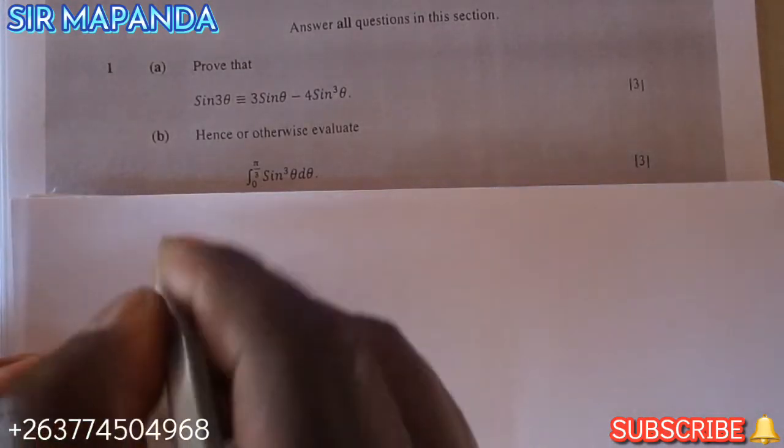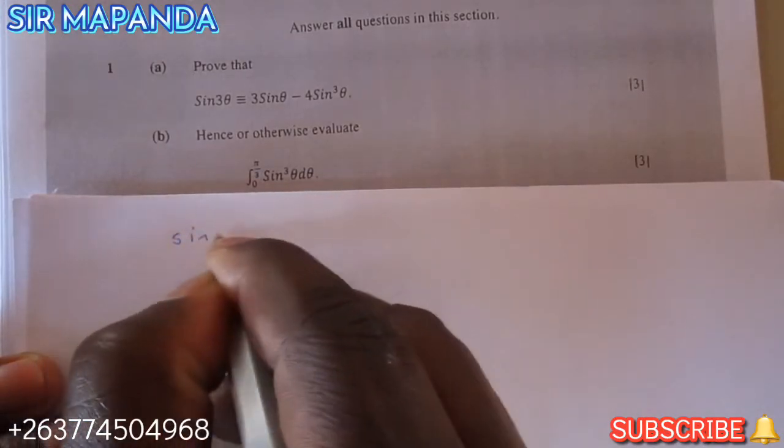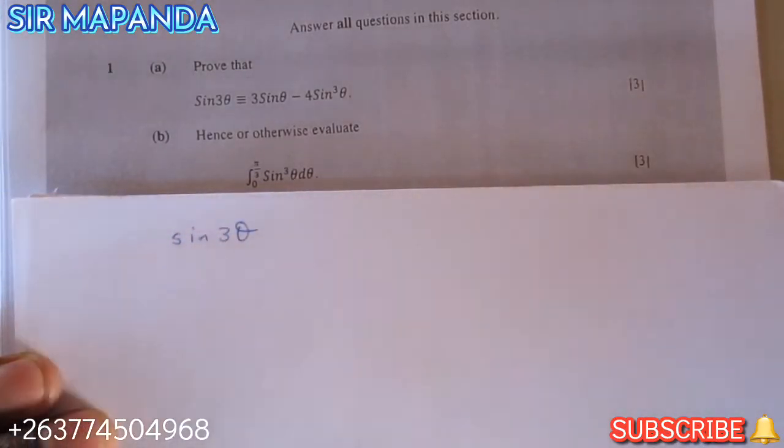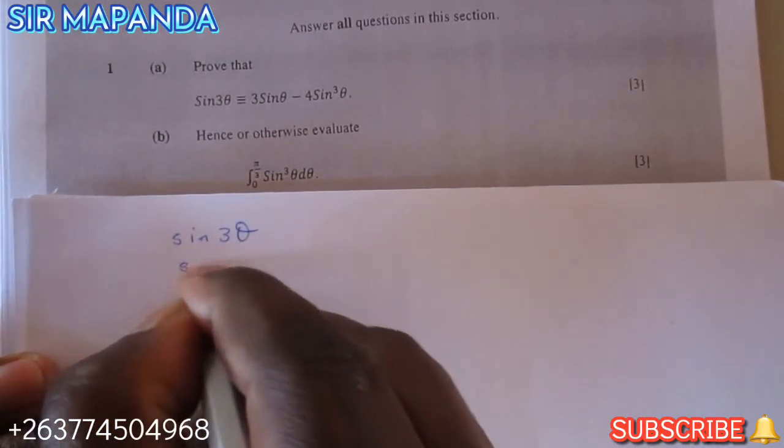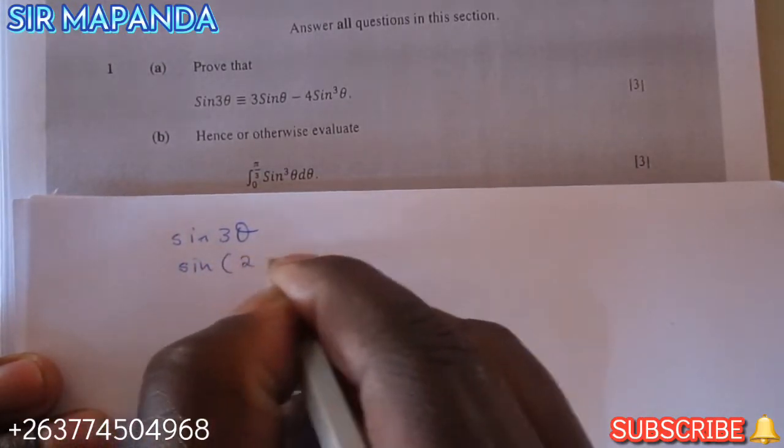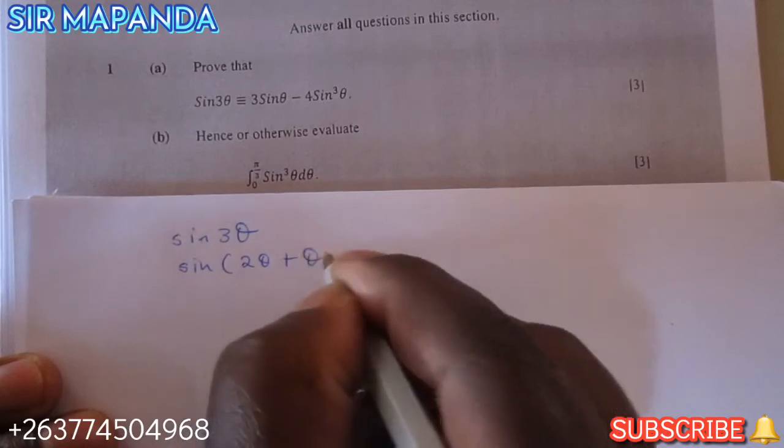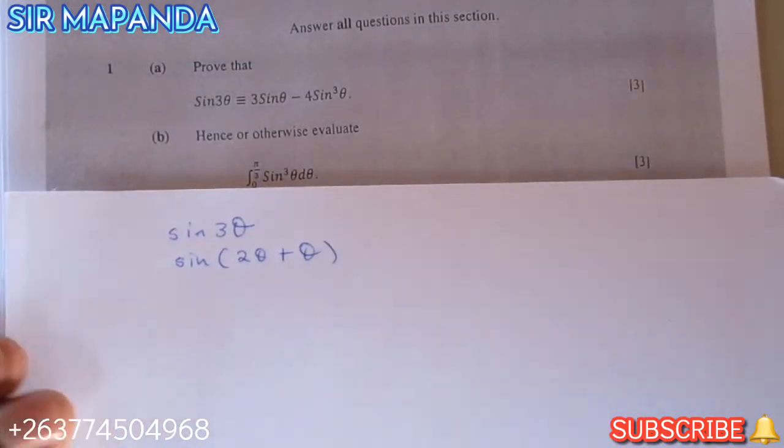So we have sine 3 theta. You can write it as sine of 2 theta plus theta. Then you make use of the compound angle formula for sine.